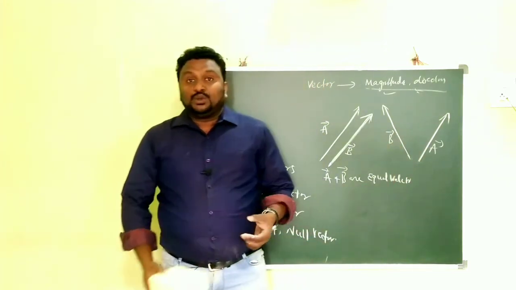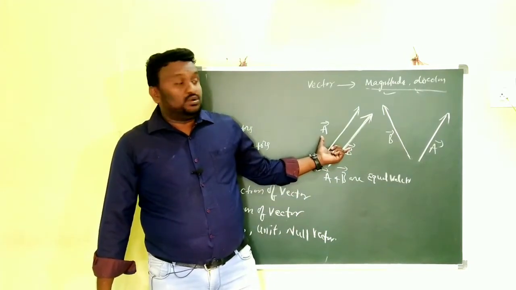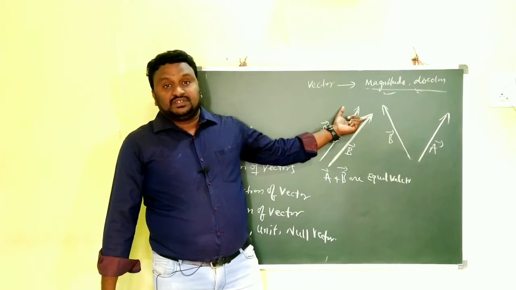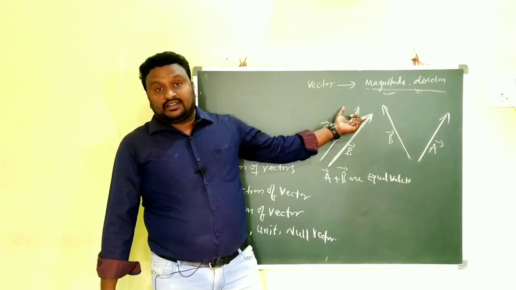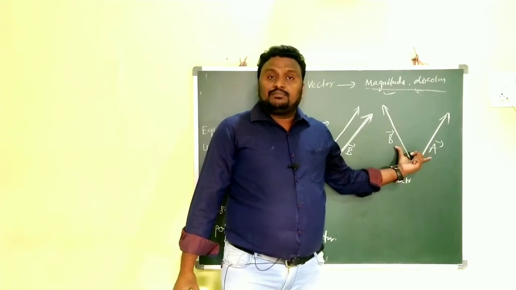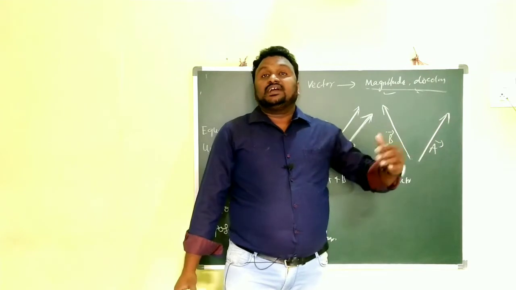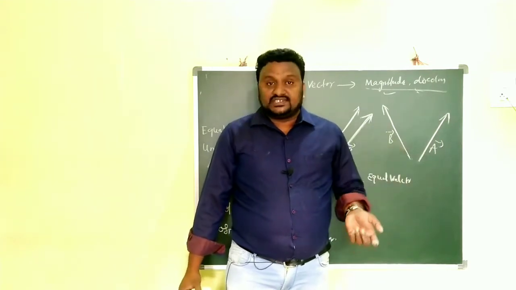Initially what I told you, those two have equal magnitude and are in the same direction, then we call them equal vectors. In this case, they have equal magnitudes but both are in different directions. That's why they are called unequal vectors.